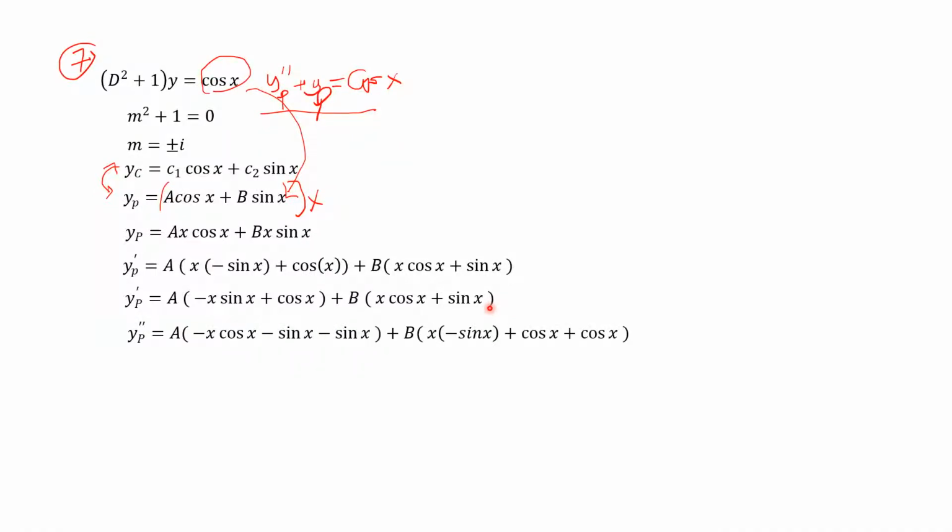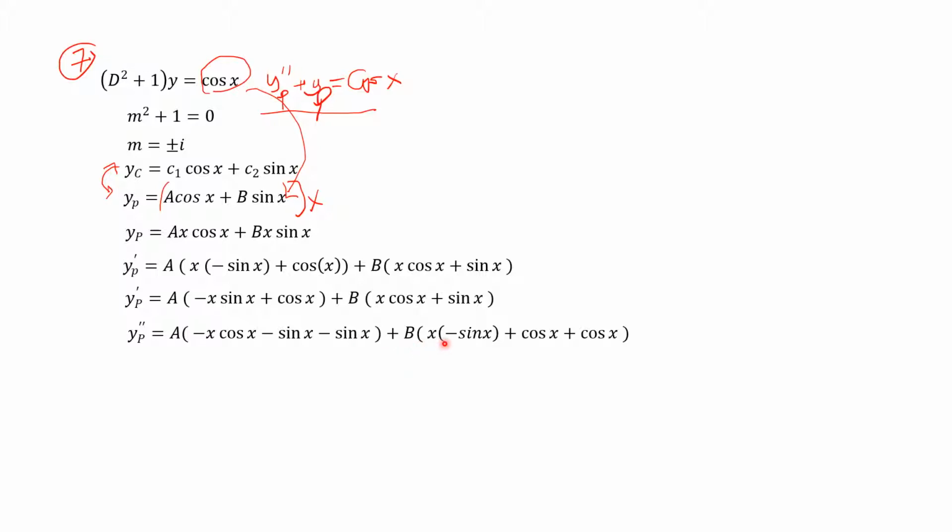Then you need to get yp double prime. This is again a product. This is negative x times the derivative of sine x, which is cosine x, plus sine x times the derivative of negative x, which is negative 1, so you have negative sine x. The derivative of cosine x is negative sine x.